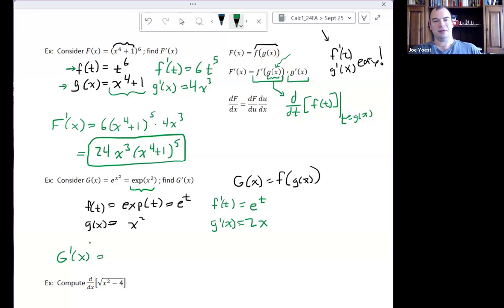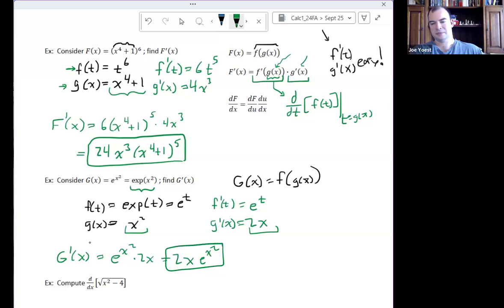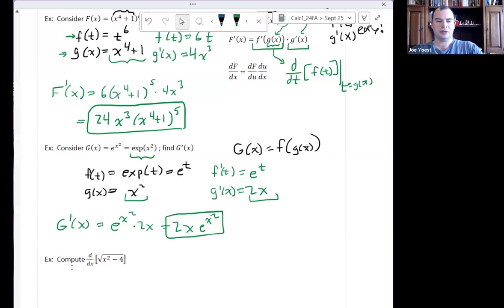Well, I take f prime of g of x, so e to the power g of x, and then I multiply by g prime of x, 2x. Or I might write this as 2x e to the x squared. Any questions so far?